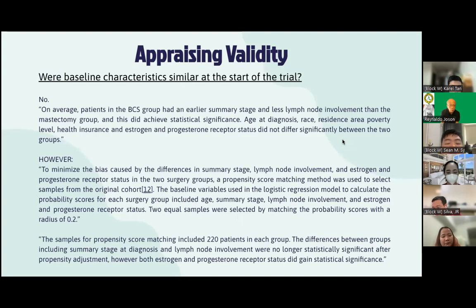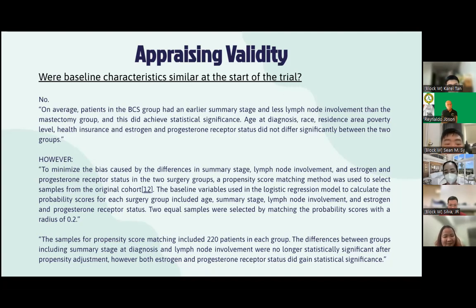So the baseline characteristics of the patients in the study were not initially the same, especially the patients in the breast conservation therapy group. Most of the patients who underwent breast conservation therapy that they found in the database had earlier summary stage and less lymph node involvement. However, they tried to compensate for this statistically using logistic regression and sample matching.